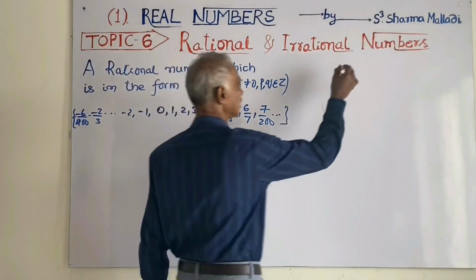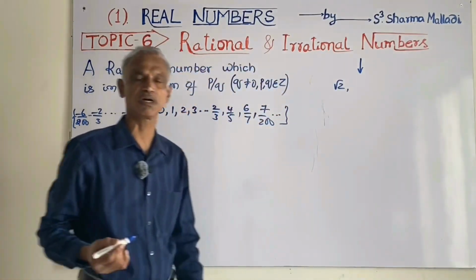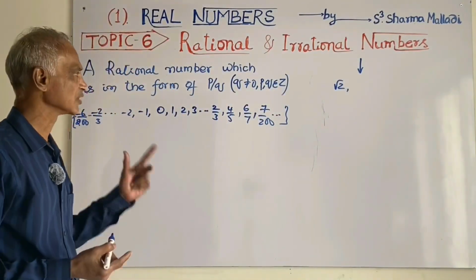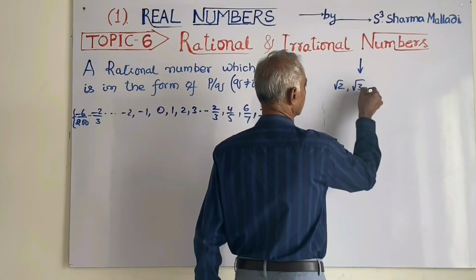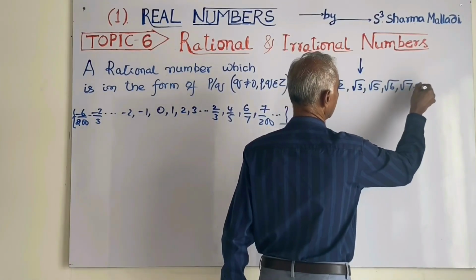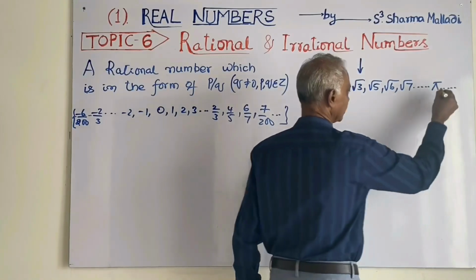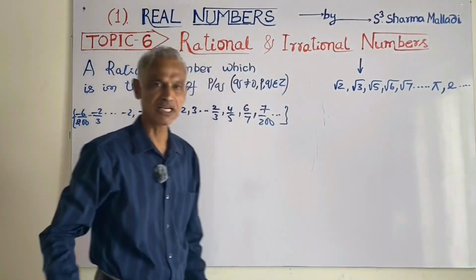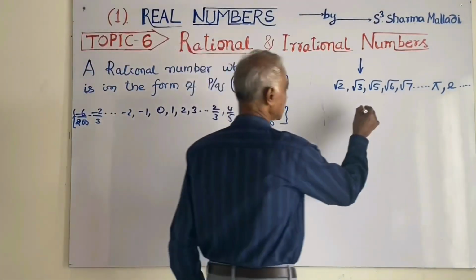Next, what are irrational numbers? You already know; in the introduction I have already told you what rational and irrational numbers are. Root 2, root 3, root 5, root 6, root 7, and pi, e, all these are irrational numbers. You may have a doubt: sir, pi is equal to 22 by 7.